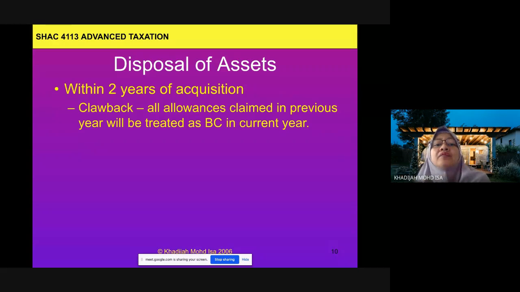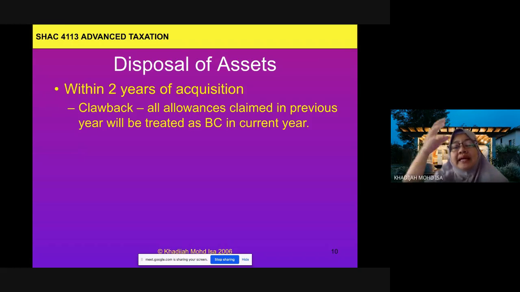But in the case of clawback, it's not like that. When you clawback, it means that in the first year you claim IA and AA, in the second year, the year of disposal, whatever you claimed in the previous year will be treated as a balancing charge.